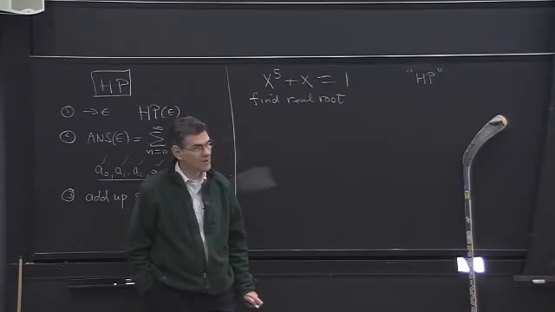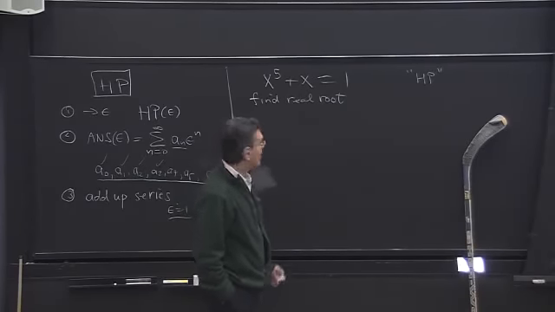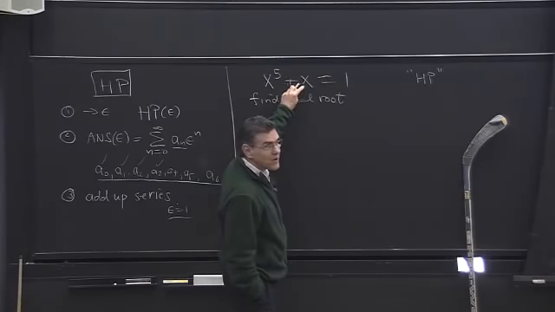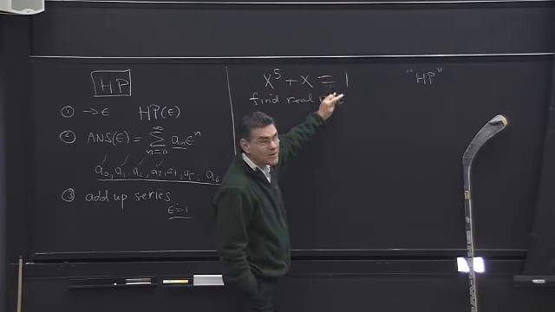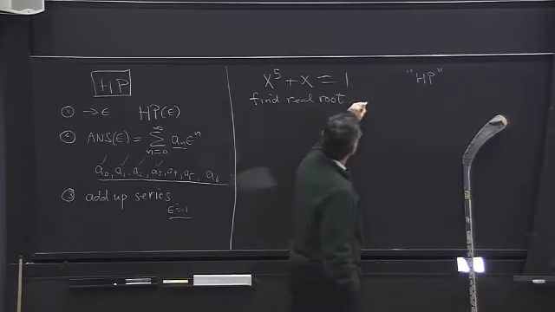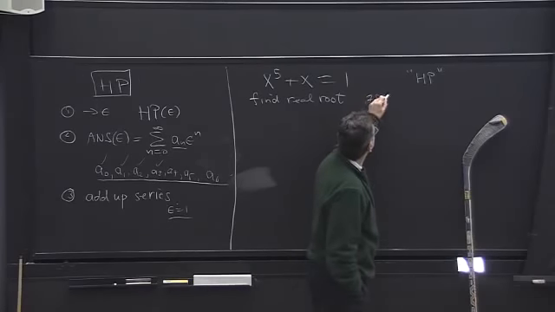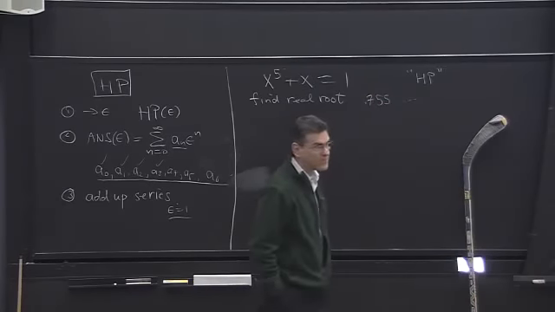No, not that big. Not that big. Think about it. You have a number, which you're adding to another number, and you're getting 1. There's a positive root. It's about 0.7, roughly 0.755, something like that. Okay?